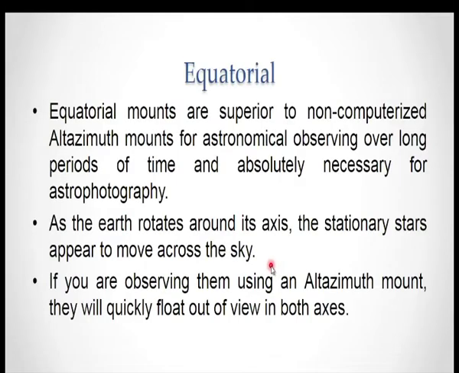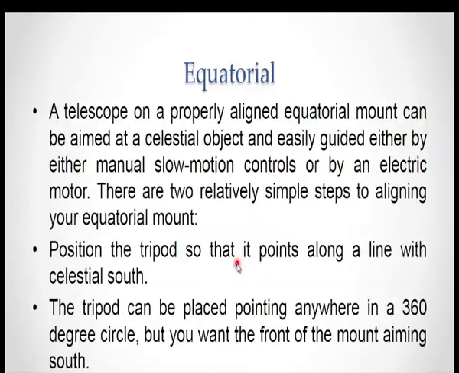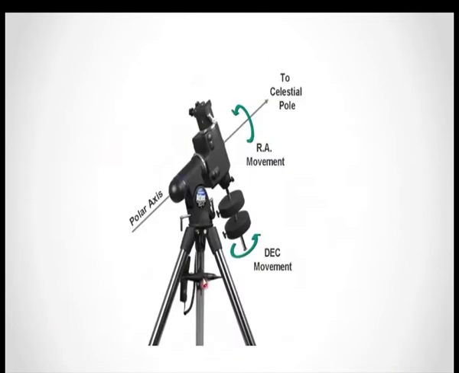The next one is the equatorial mount. Equatorial mounts are superior and can be used by interfacing the telescope with a computer. An equatorial mount is properly aligned with the axis of the earth. So this is the diagram of the equatorial mount. Here it is aligned parallel to the axis of the earth, with right ascension movement of the telescope and declination movement of the telescope.